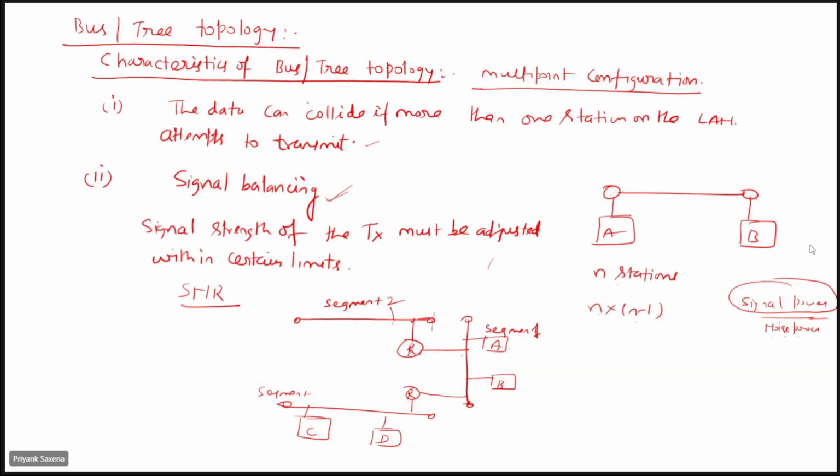Later you can replace these repeaters with some kind of a switch mechanism, which can provide you guided transmission. This type of breaking of the LAN into smaller segments restricts the length, because it is required to avoid the issue of signal balancing, right?